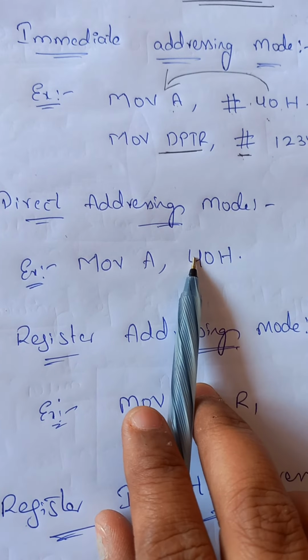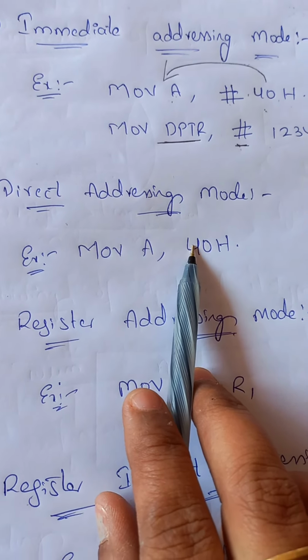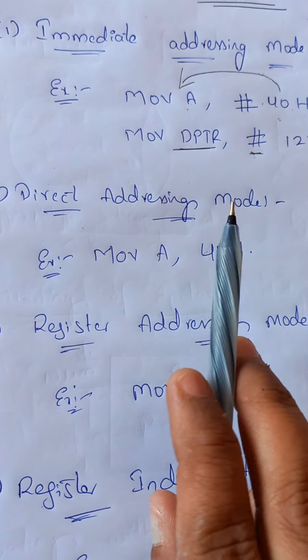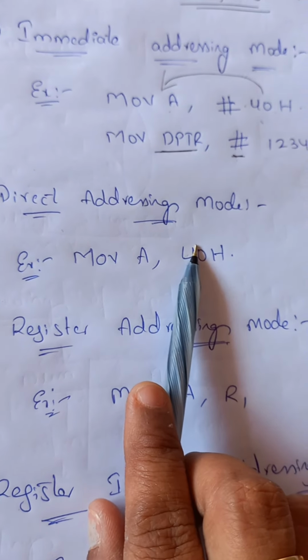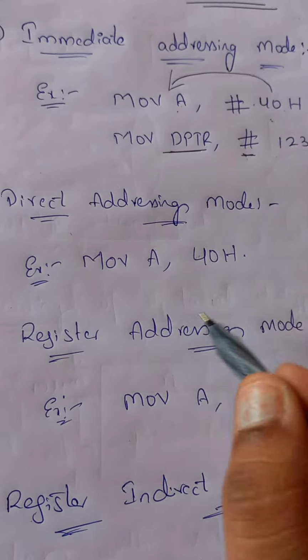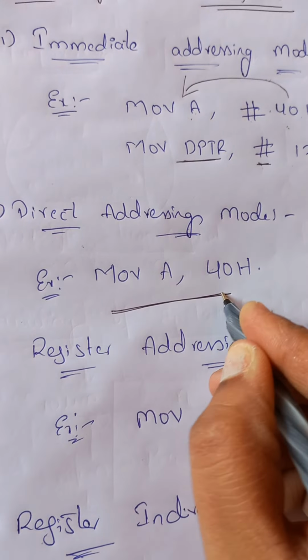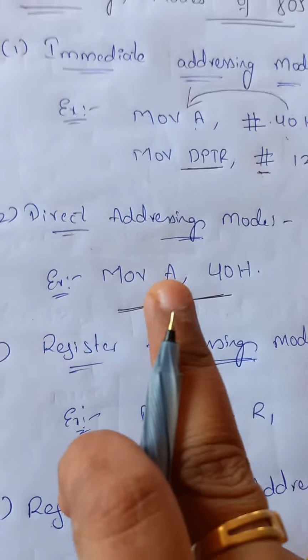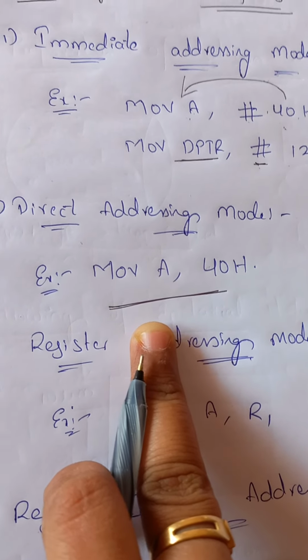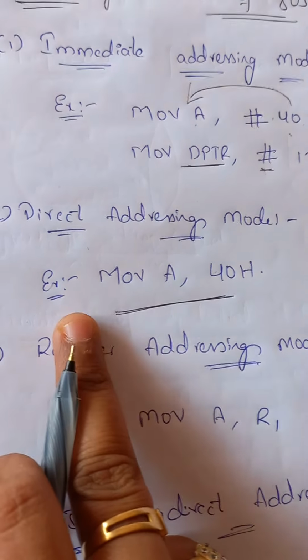Coming to the direct addressing mode. Here the address of the operand is specified directly. This type of addressing mode is known as the direct addressing mode.